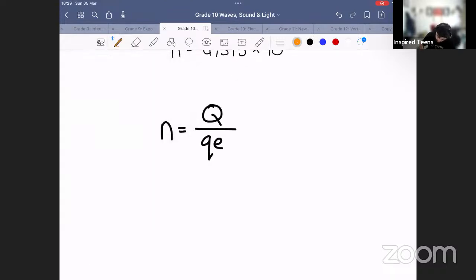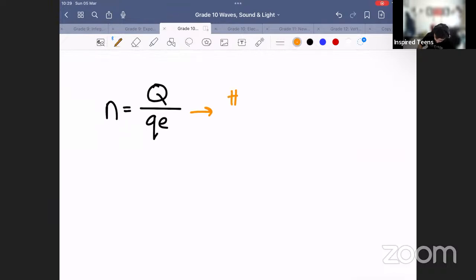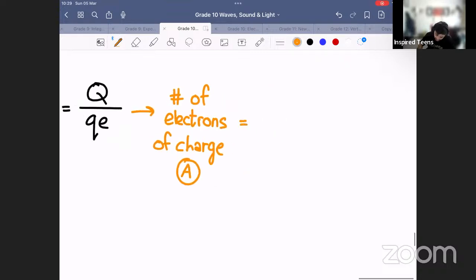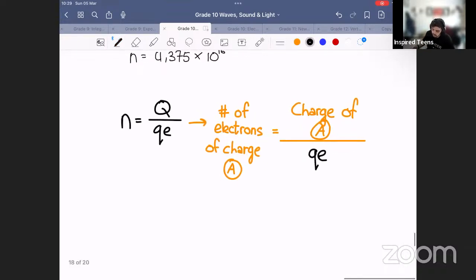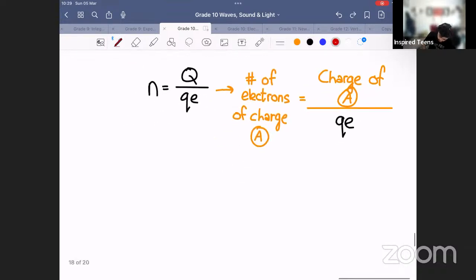Now, if I want to know the number of electrons of charge A, I need to use the charge of A as well, divided by QE, the constant. If I want to know the number of electrons of charge B, I need to use the charge of B. Sounds obvious, but believe me, it's not.